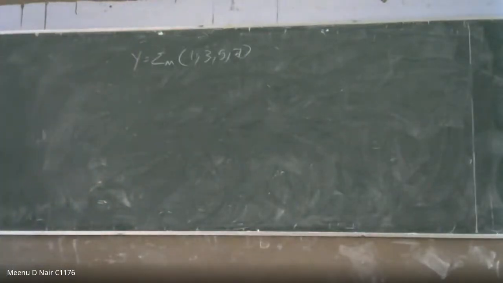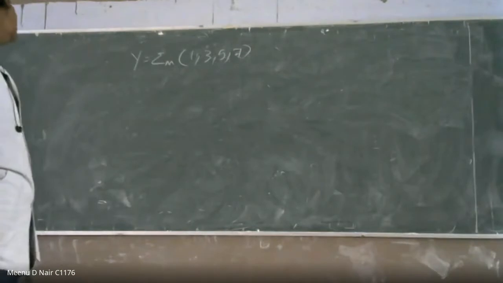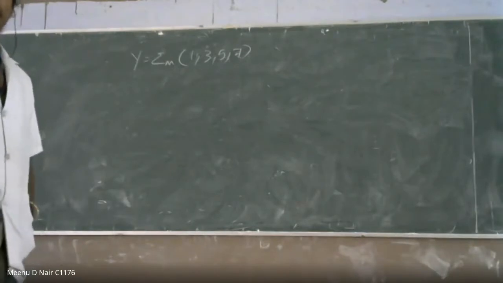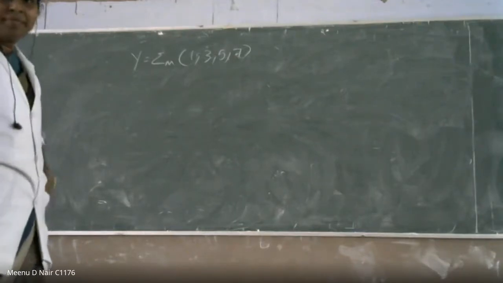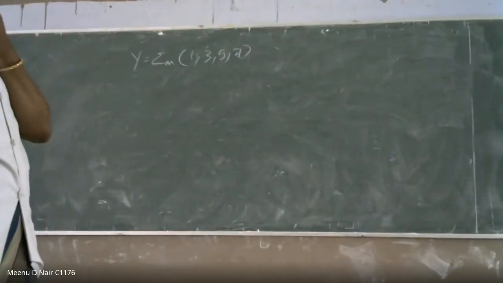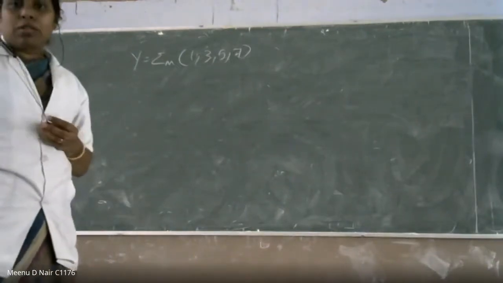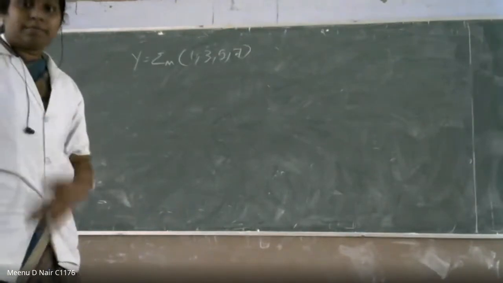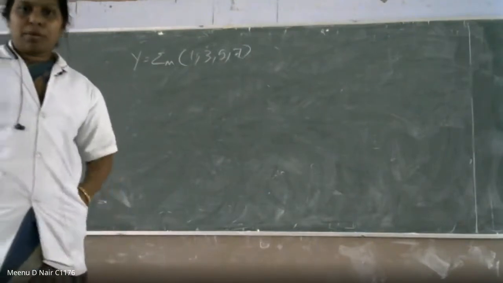Any idea? Do you have any idea about how to do this problem? What is the meaning of Σm(1, 3, 5, 7)? What do you mean by POS form and SOP form?